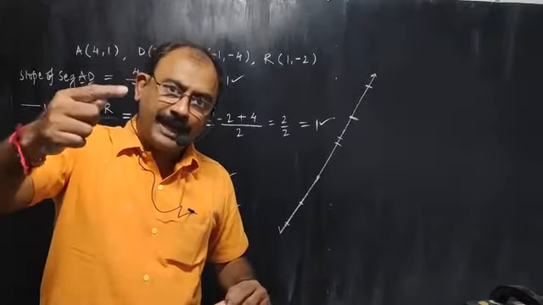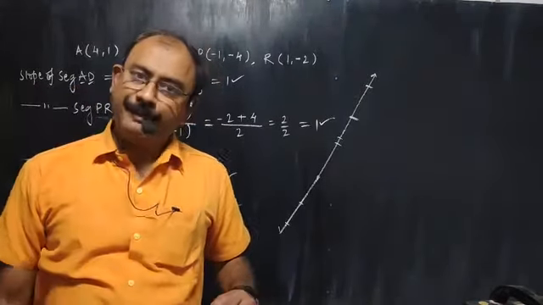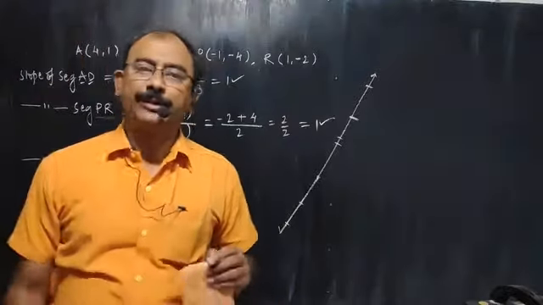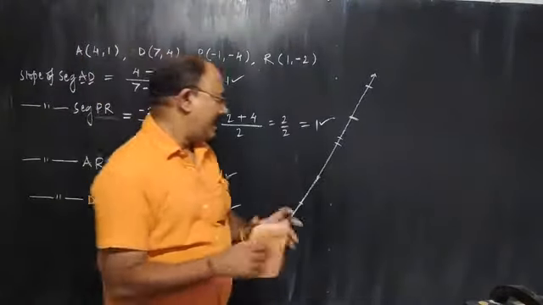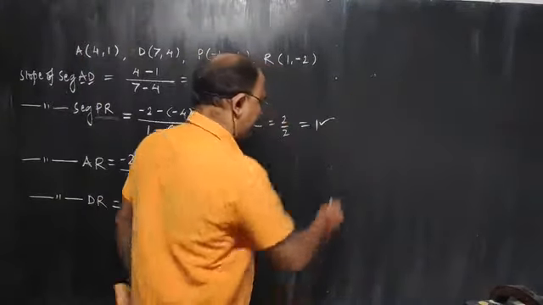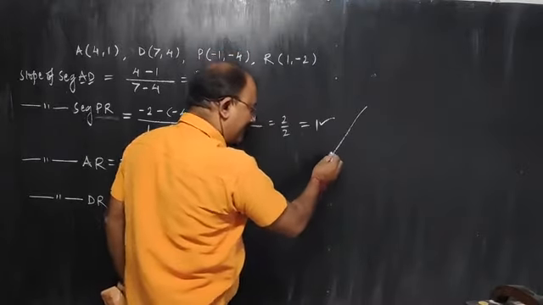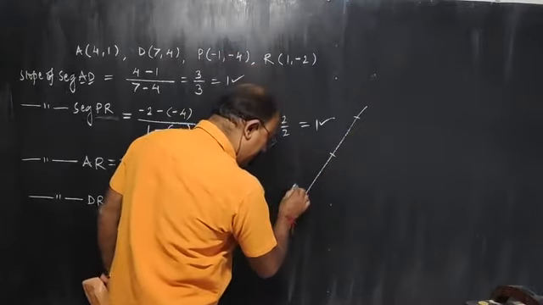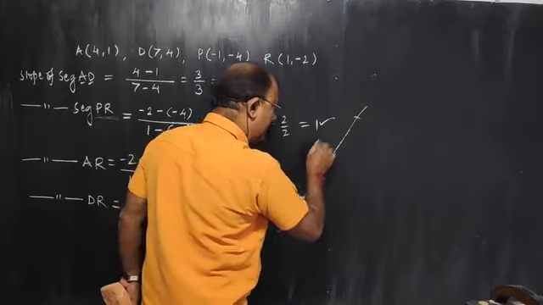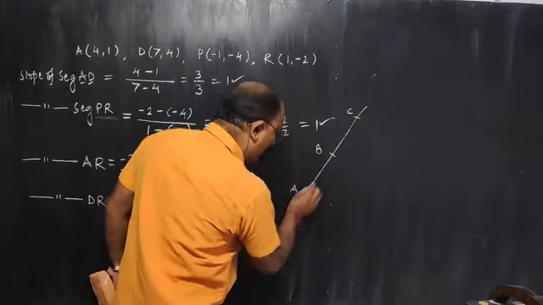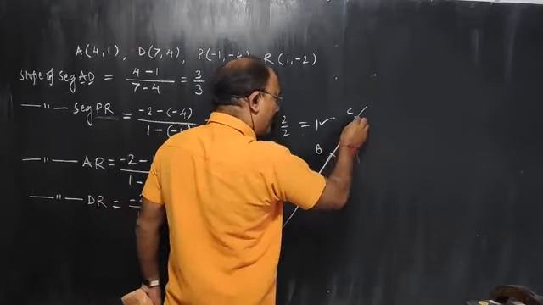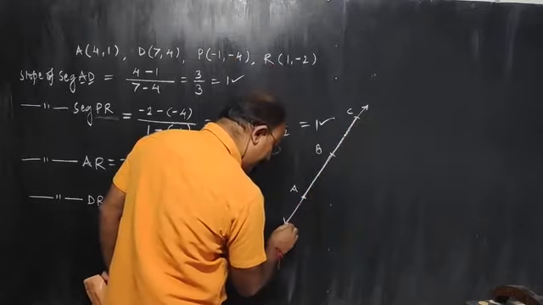If slope of AB is equal to slope of BC, then these 3 points are collinear. Okay, let me tell you what I mean to say. If I take 3 points on a line, A here, B here and C here, so slope of segment AB and slope of segment BC will be same.